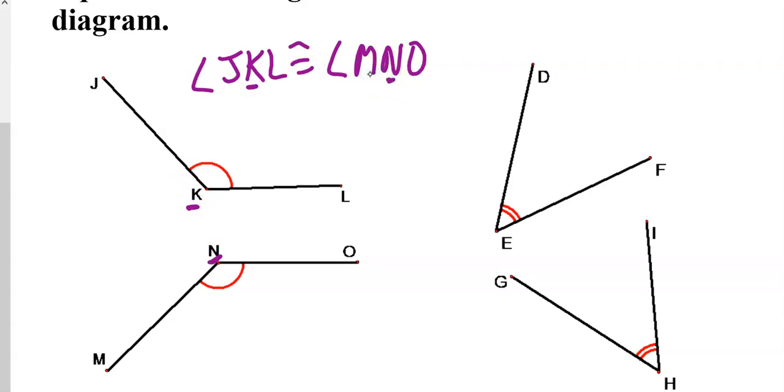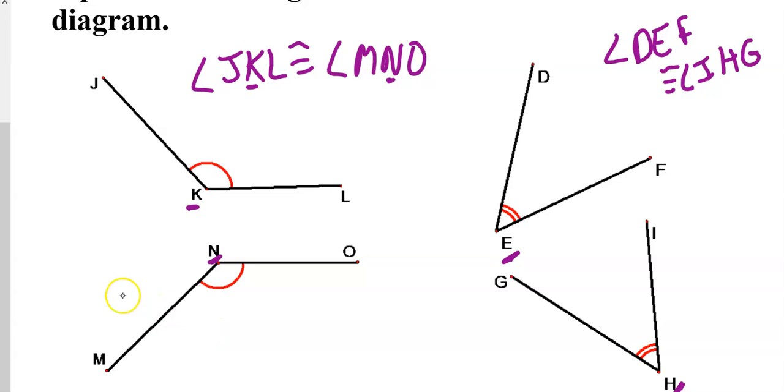So that means they are the same measure. So if the markings match, the angles match. So this would be angle DEF. That is congruent to angle IHG. And again, notice that the vertex is in the middle. Okay?